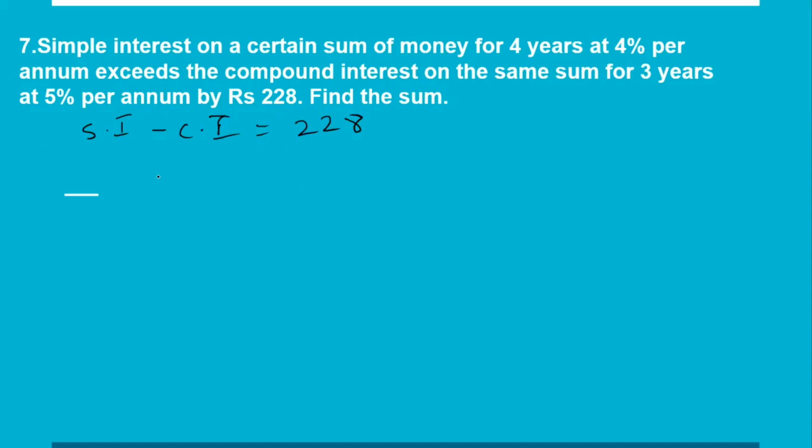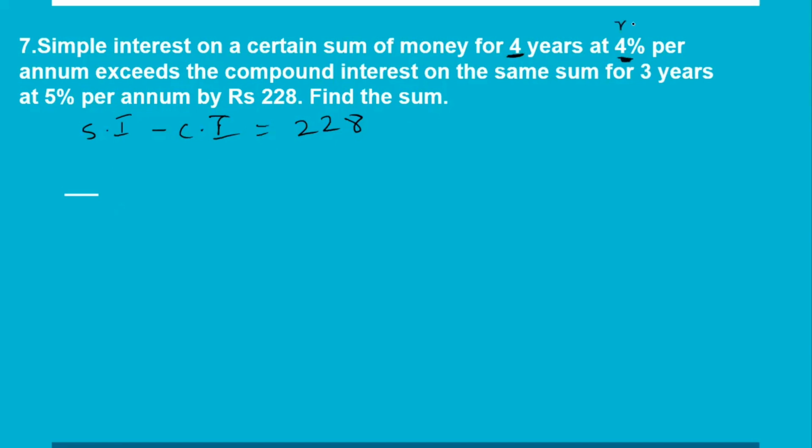Okay, the unknown sum. Now, let us put the formula for simple interest. For simple interest, the number of years is 4 and the rate is 4% per annum.